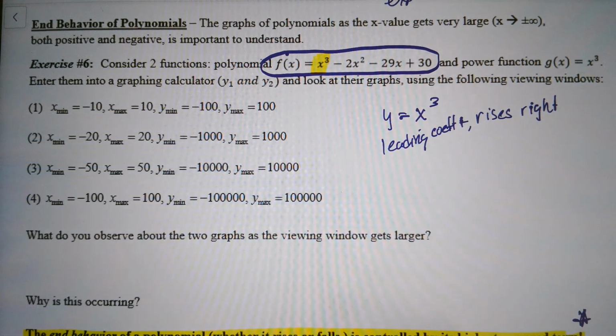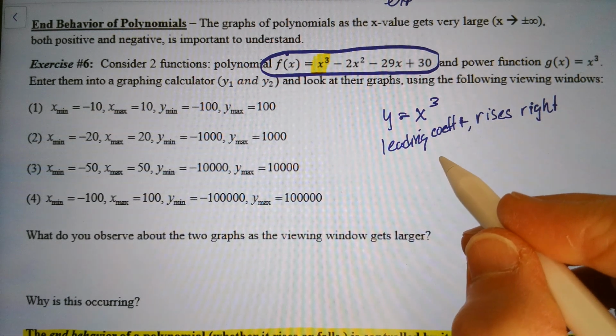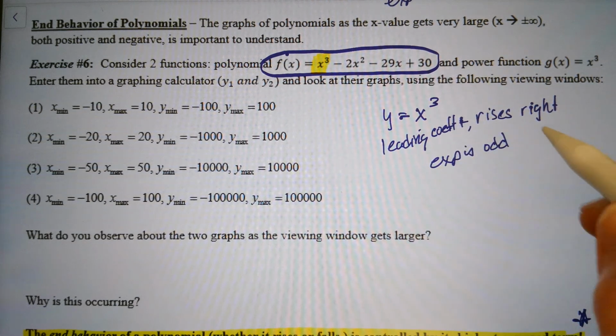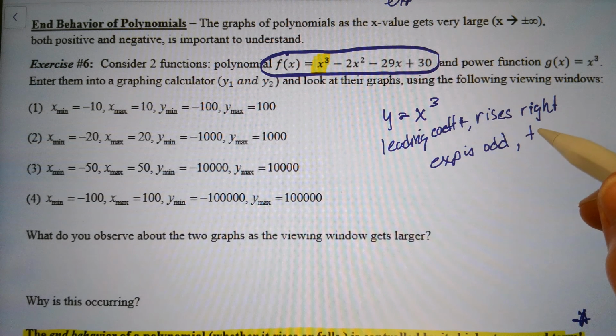Leading coefficient's positive, so it rises right. The exponent is odd. Tails point in the opposite direction.